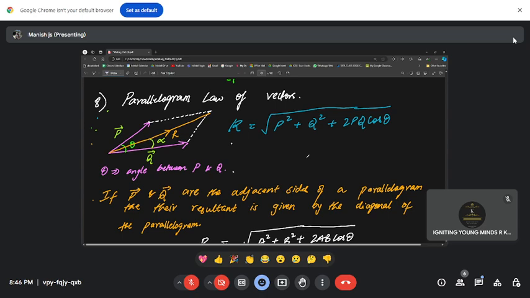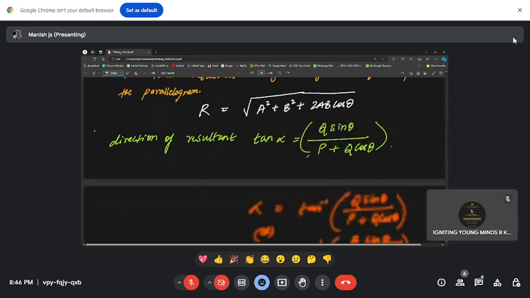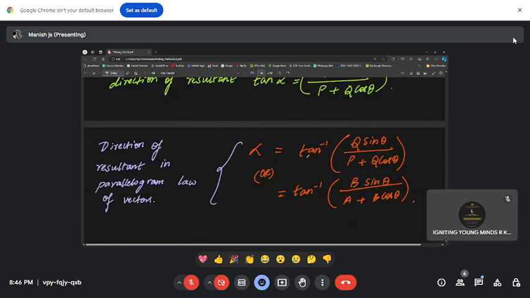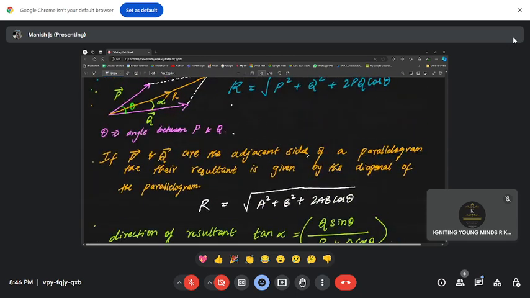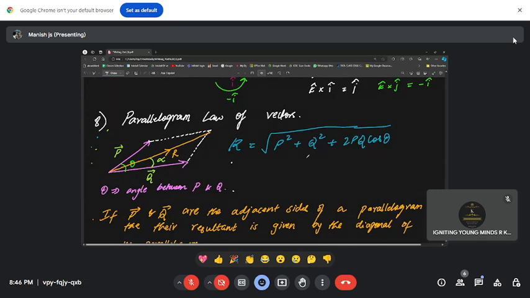Okay, under root. So that will give you the resultant. Similarly, alpha gives the direction. So alpha is tan inverse of b sine theta upon a plus b cos theta. Okay, so this is all about the parallelogram rule or parallelogram law, however you call it.